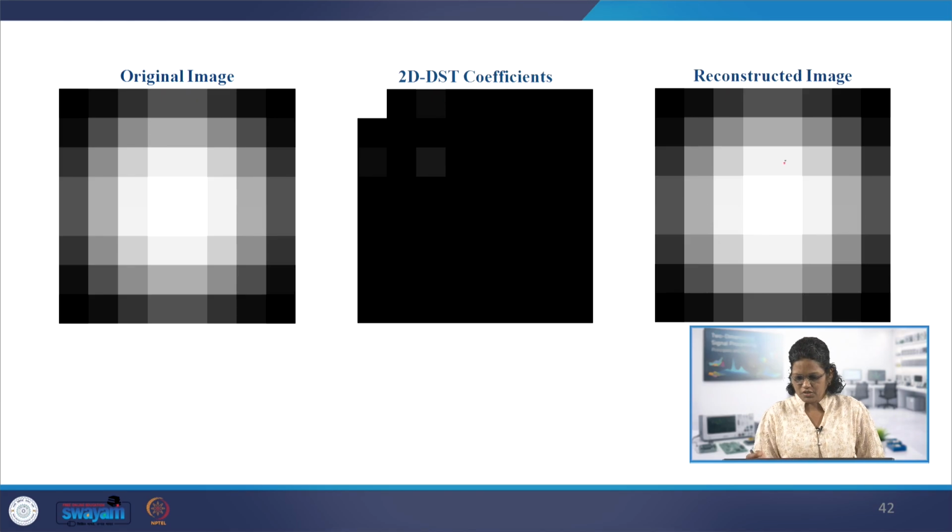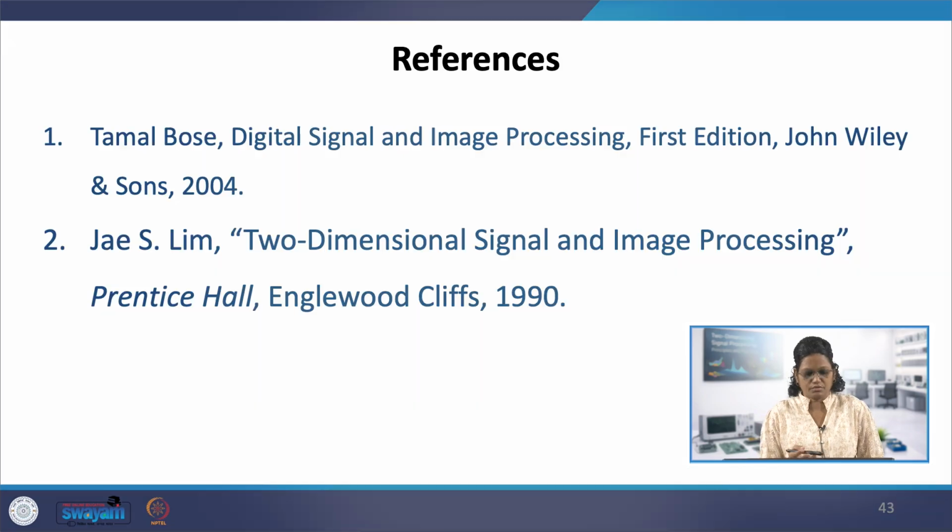If you plot it, it gives that plot, and the reconstructed image you can get from these coefficients. It looks like a block, but it's not a block; there is a variation in the coefficients. Then we can get the reconstructed one. This shows how to get the DST from the image, and from the DST coefficients how to get the reconstruction. This is the forward and inverse transform, visualized in terms of images instead of the numbers of the 2D.